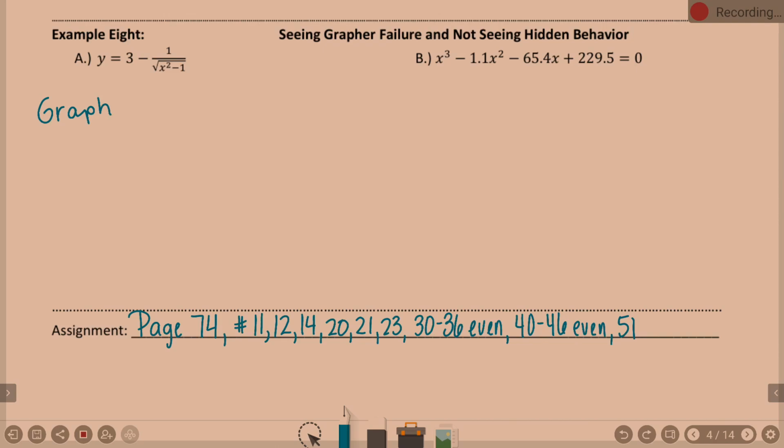Y equals 3 minus 1 over square root of x squared minus 1. I hope you see the reason I have you guys all out using the calculator, yes? This is where you're going to learn what your mistakes are.